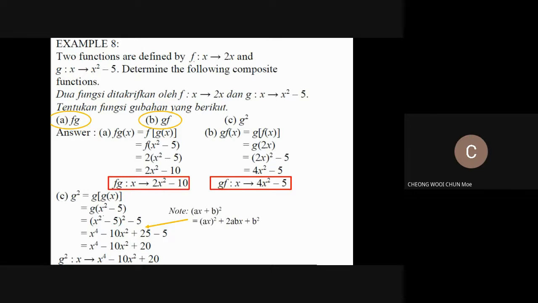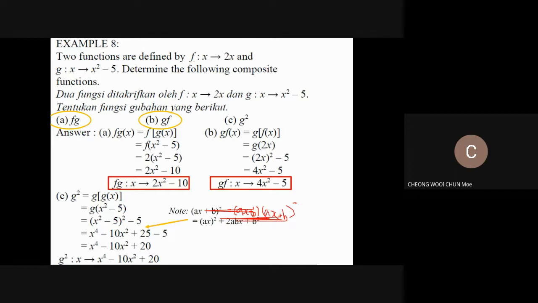Then let's say you want to expand it. For this situation, you must follow what you have learned from basic maths. Let's say these two are the same thing, squared, so it's (ax plus b) squared.